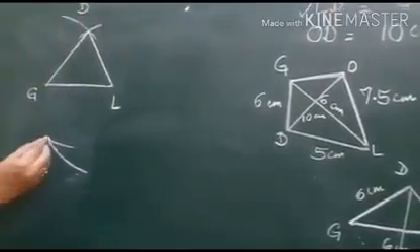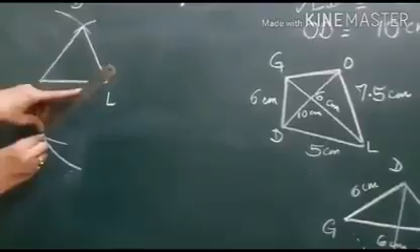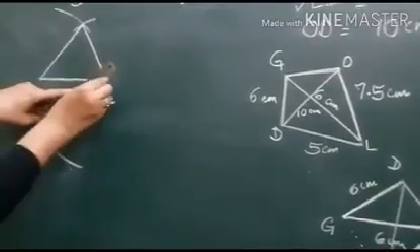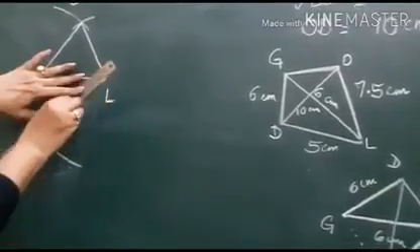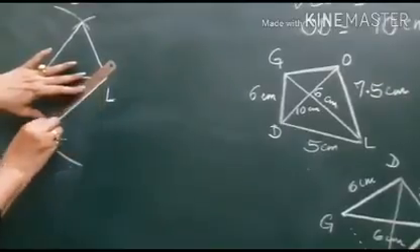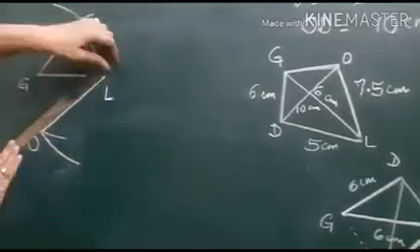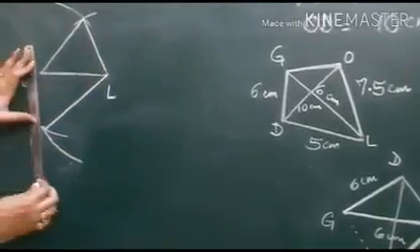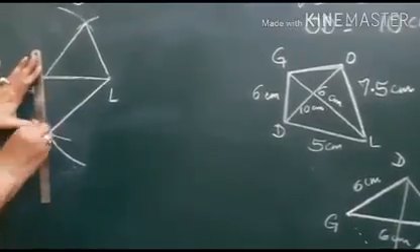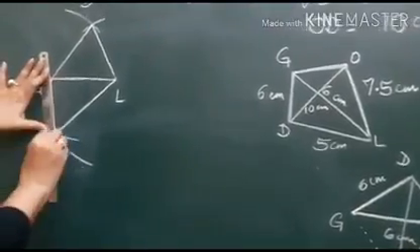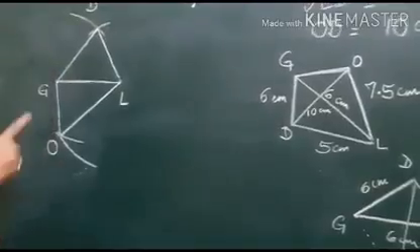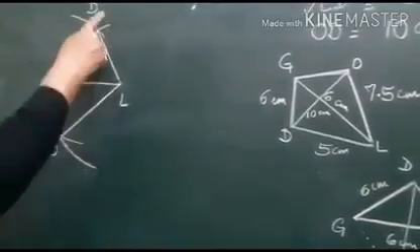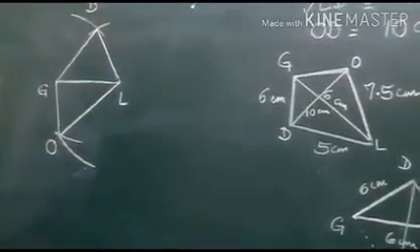You can extend the arcs further and see clearly. Join L and O. And the fourth side, which was not given, we will join this also. And you can see GOLD is our quadrilateral.